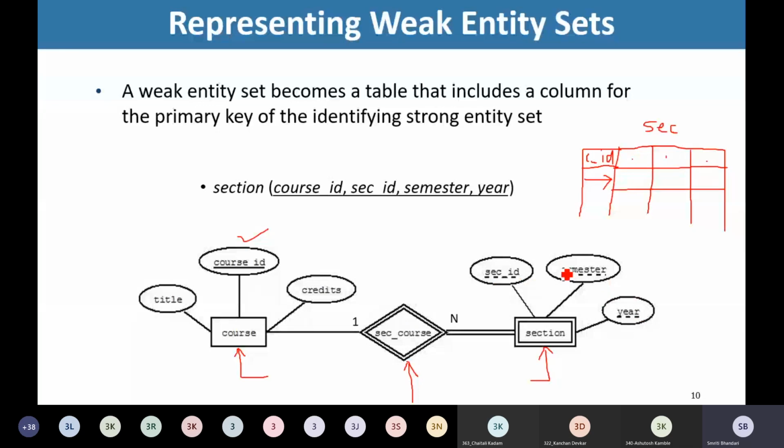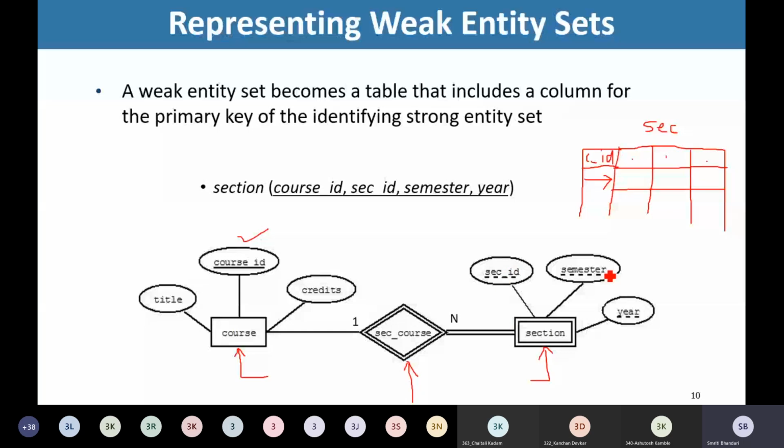Here my partial key is a combination of these three attributes, and I have course ID as the primary key of the strong entity set. So the primary key of my weak entity set section would be the combination of course ID, section ID, semester and year. These four attributes together will form my primary key, and that is why it is underlined here if you observe.